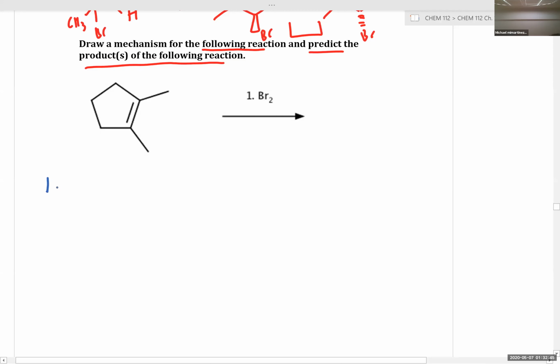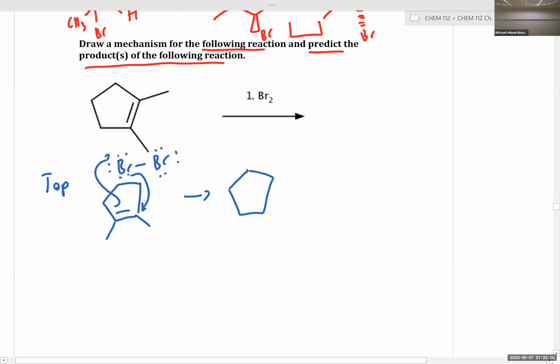So the first step, let's look at addition from the top face. So we have our alkene, and our bromine is going to add from the top face, arbitrarily, of course. Okay, so our alkene attacks, bromine attacks, and we generate the following product.